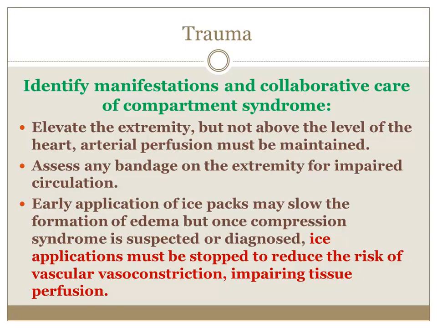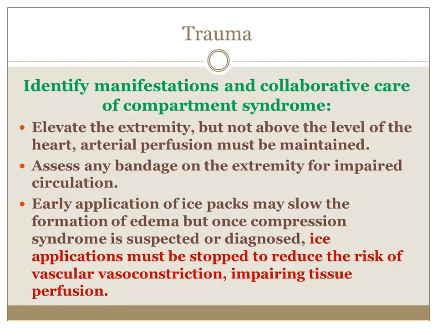Before compartment syndrome is identified, that's when you would elevate higher than the heart, so that you don't get that venous stasis that will then form arterial compromise. You want to elevate, elevate, elevate high so that your venous return goes back to the heart, and it's not just sitting in that injured area.